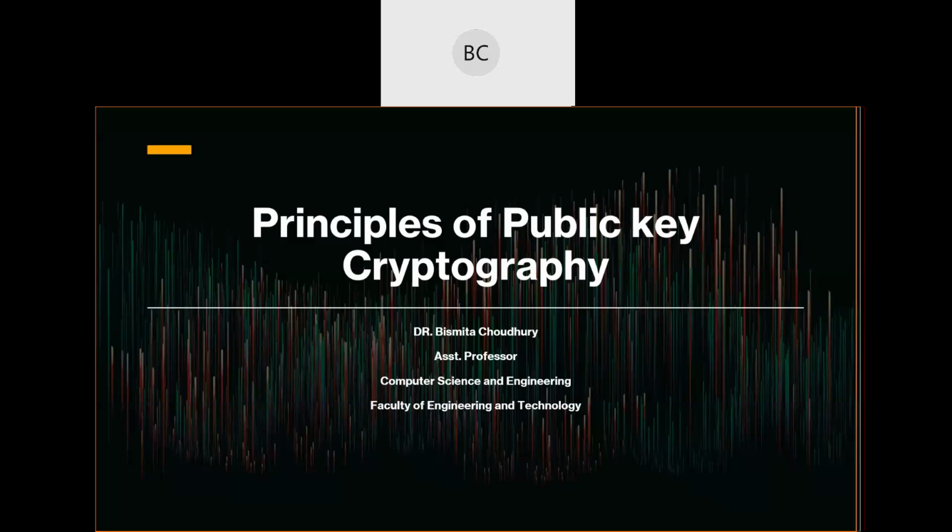There is a risk to the secrecy of the secret key. If you are relying on a third party to deliver your key, the very essence of the crypto system is null and void, right? We are depending on someone else. So that's the problem of symmetric cryptography in terms of confidentiality.